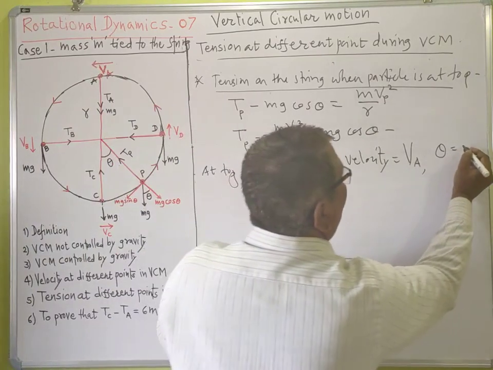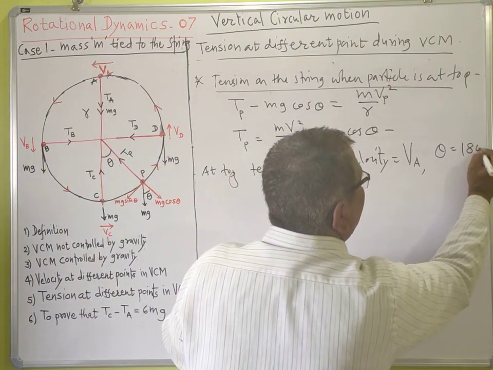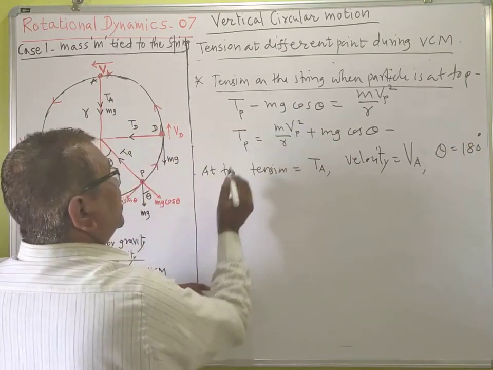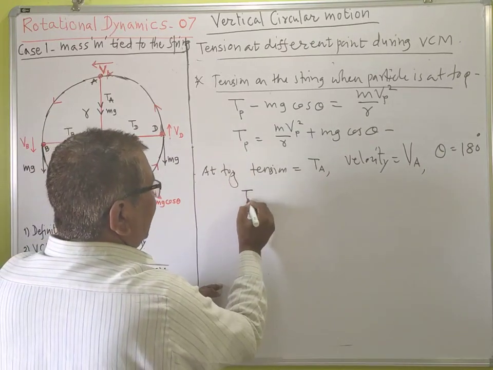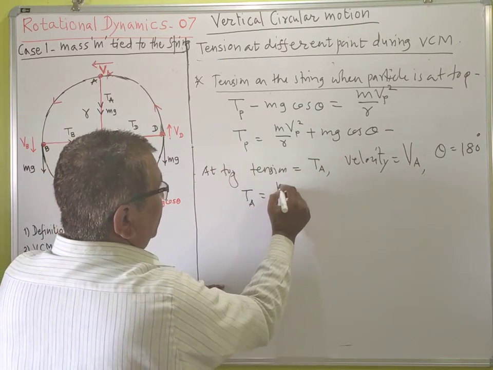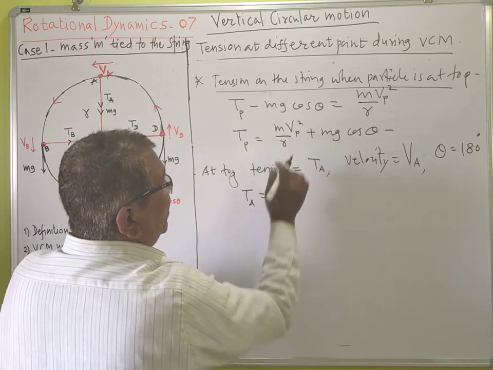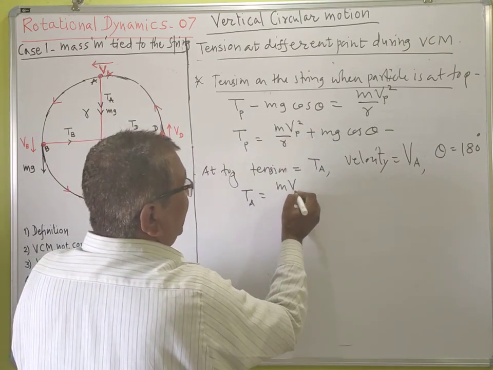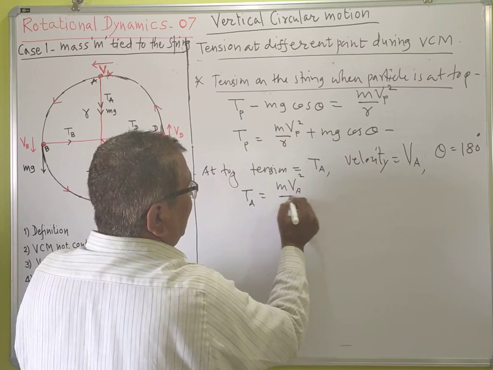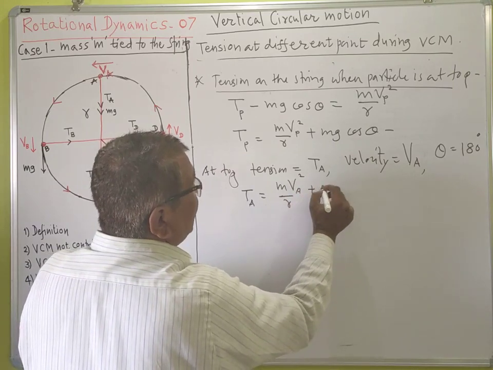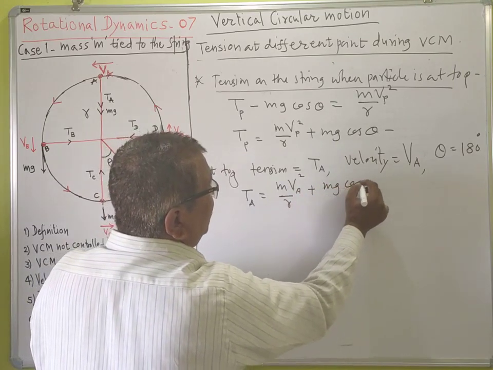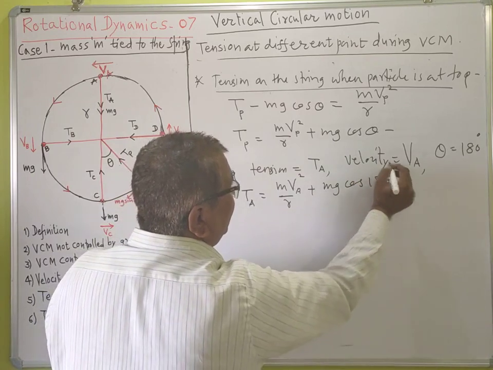So this is pi radian or 180 degree. Put that value here. Instead of Tp, I will write Ta is equal to m Va square upon r plus mg cos of 180 degree.